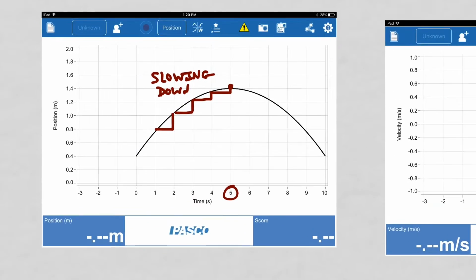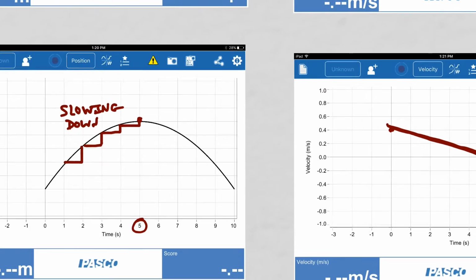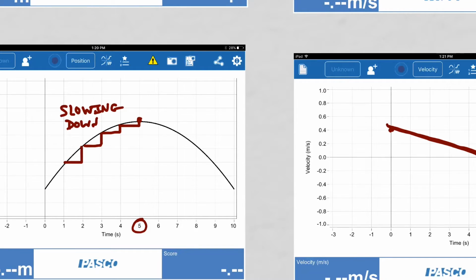Okay, now let's look at what happens on the other side of 5 seconds. Notice this. Our run, again, is still 1 second. Here, 1. And our rise is now negative. We're going down. So it's a negative rise. So now this is a negative slope. I'll just mark these here.